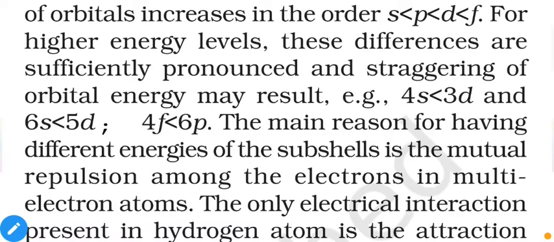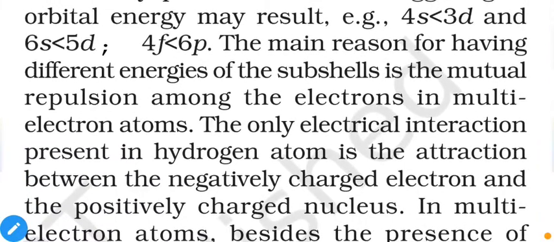That means the L value also affects whether energy increases or decreases. As a result, you may see examples like this: 4s has less energy than 3d, 6s has less energy than 5d, 4f is less than 6p. These are observed due to the effect of the azimuthal quantum number.